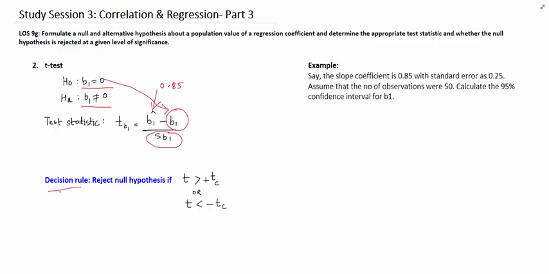The decision rule here is that you must reject H0 if t is greater than plus critical value of t or t is less than minus critical value of t.